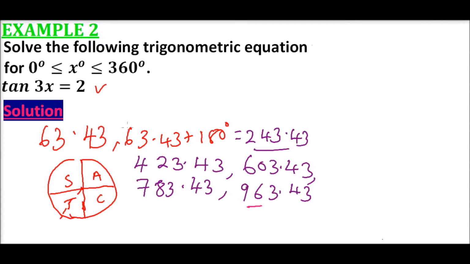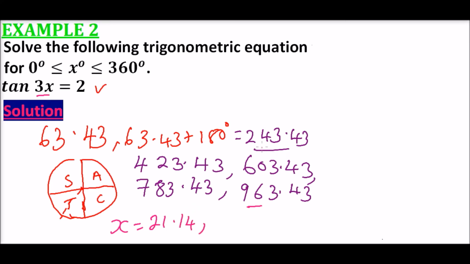is because our angle here is 3x. Now we are talking of one angle. So if this is 3x, it means our x is equal to, you divide 63.43 by 3, you get 21.14.